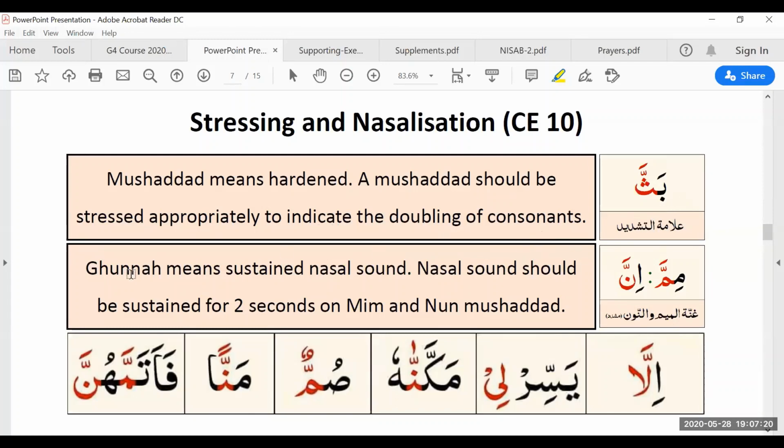Okay. The second one, nasalization or ghunna, it means that we have to make a sustained nasal sound. So the nasal sound should be sustained for 2 seconds on mim mushaddad and noon mushaddad. So it would be mim, in.